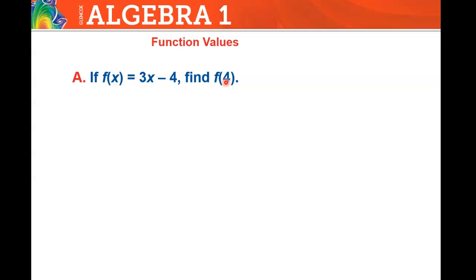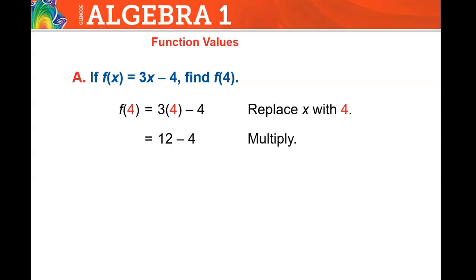So we're going to take everywhere there's an x and replace it with a 4. So f of 4 equals 3 times 4 minus 4. So you get 12 minus 4, because you multiply your 3 and your 4 together, and you get 8. So f of 4 is equal to 8. So if I were to graph this point, we would have the point (4, 8) on my graph.